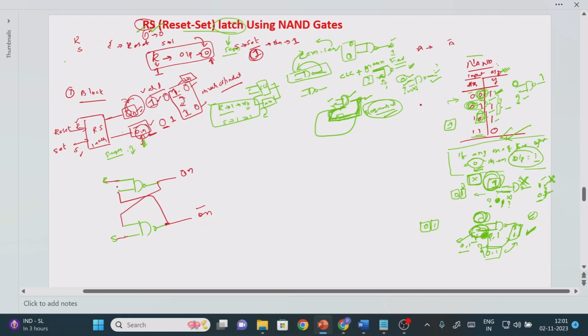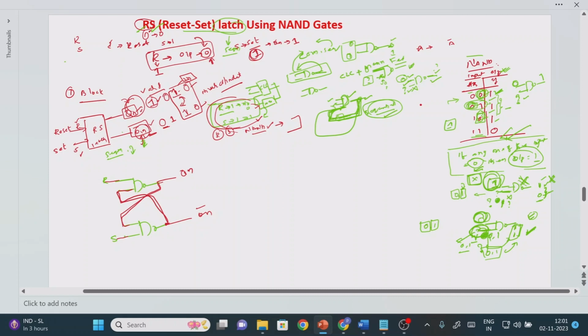The first step is that we are considering the two NAND gate representation, but those are combinational logic circuits. In order to make them sequential, we need to connect the output to the input. If you connect them in a cross-coupled way, it will become a sequential logic circuit, and it will also obey this condition: when R equal to 1, output equal to 0, and when S equal to 1, output equal to 1.